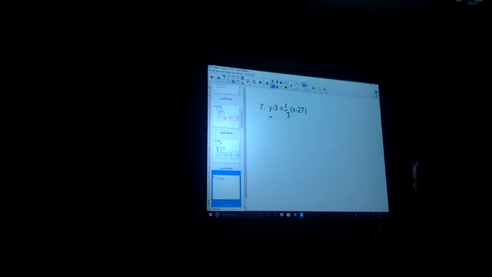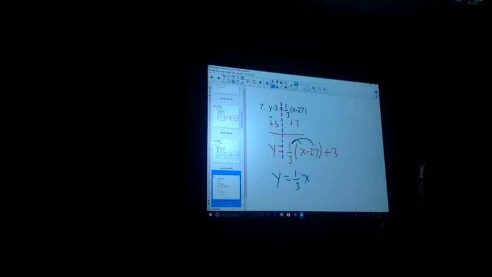Let's see, number 7. This is one of those where we can go ahead and I can just add 3 to both sides. And I have y equals 1/3 x minus 27 plus 3. That answer is fine. If it was multiple choice, I would distribute 1/3 here and here. So y equals 1/3 x.